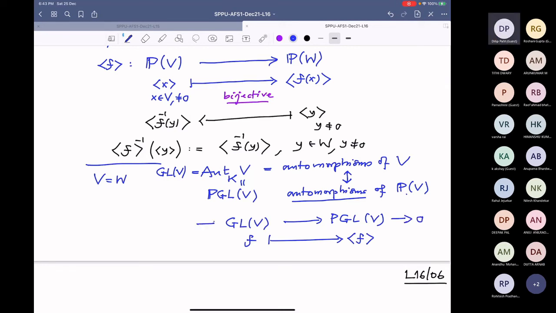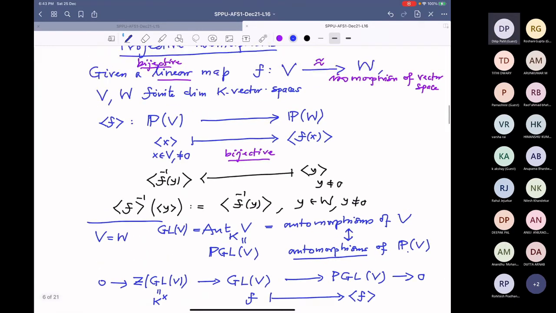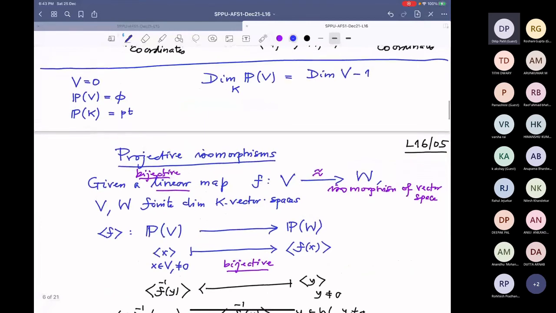And the kernel is what we have written, K cross. The kernel is the center of GL, which is K cross. Instead of saying center, it is better to say it is K cross, because all these guys, if you see, all these guys are determined lines.